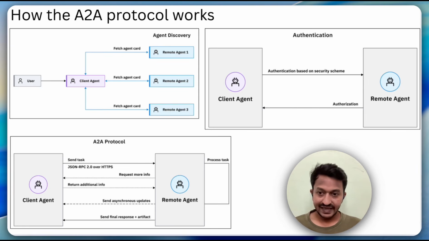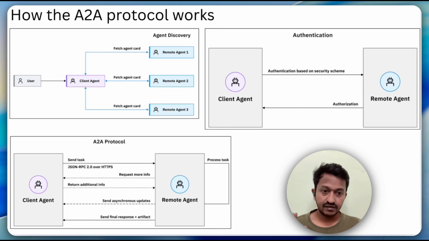The A2A protocol begins when an entity, a human user or another AI agent, initiates a request to the client agent. For instance, a user might ask for assistance in scheduling a trip, or it can be anything. Once the client agent identifies a remote agent capable of fulfilling the designated task, it then goes through authentication according to the security schema indicated in the agent card.